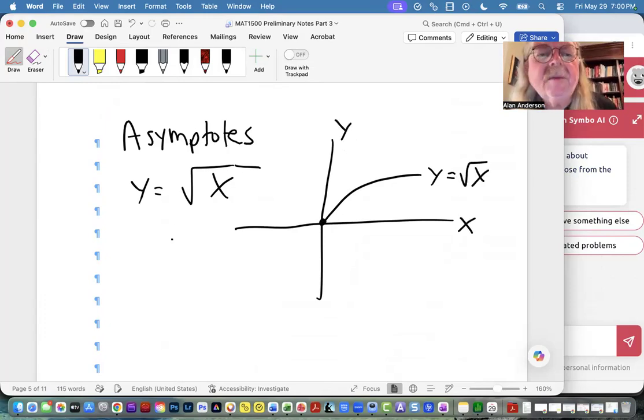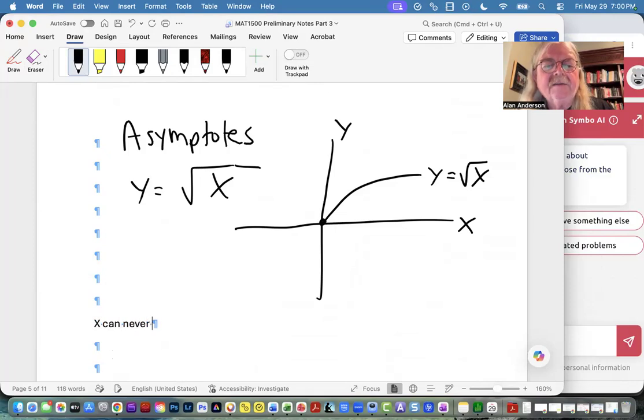Here it should be pretty clear that x can never be negative. Why not? Because that would lead to a negative square root, which is an imaginary number, sometimes called a complex number.